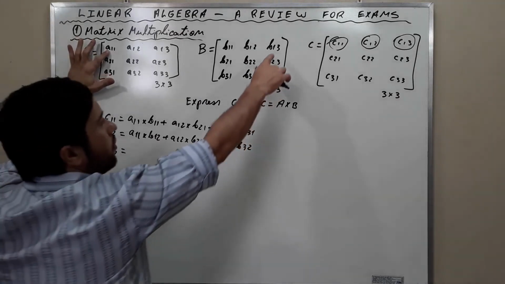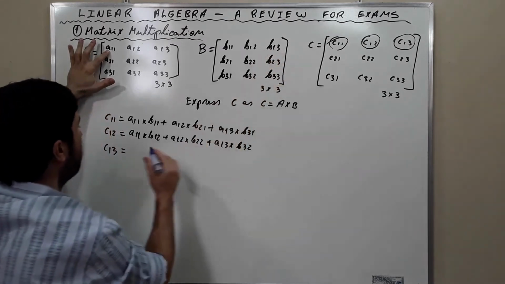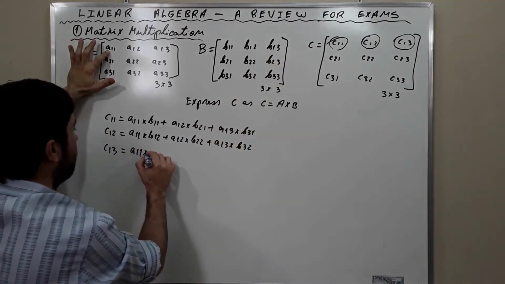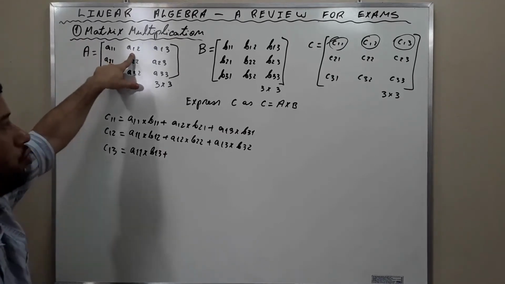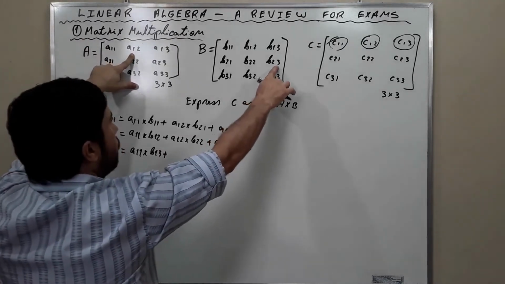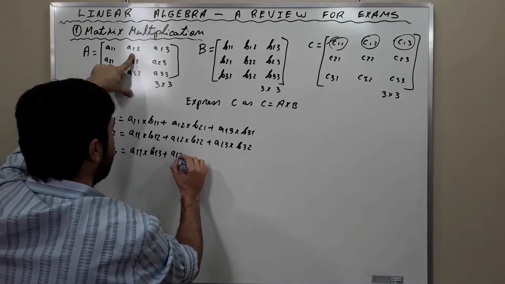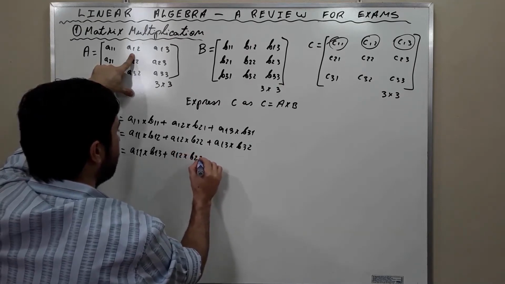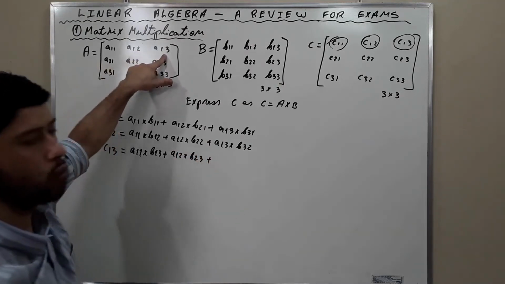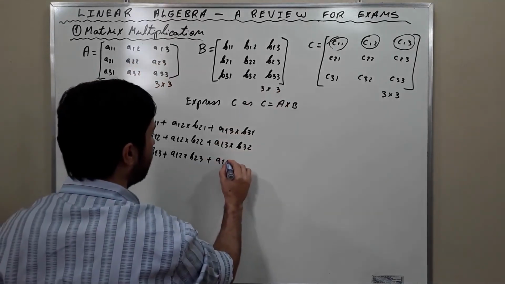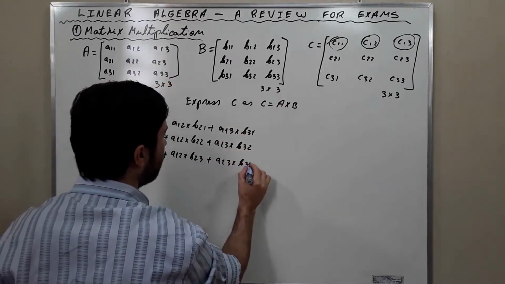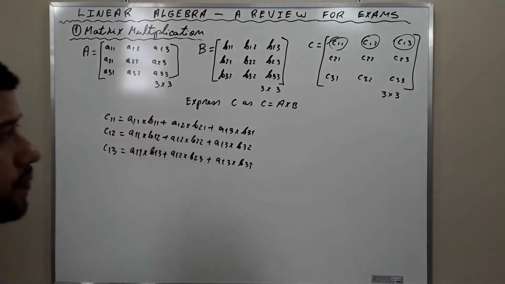A11 times B13 plus A12 times B23 plus A13 times B33. Okay?